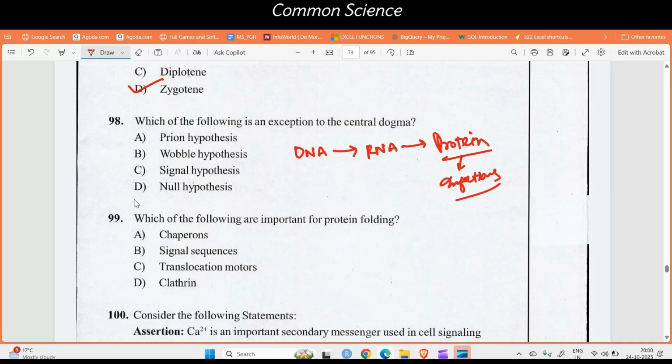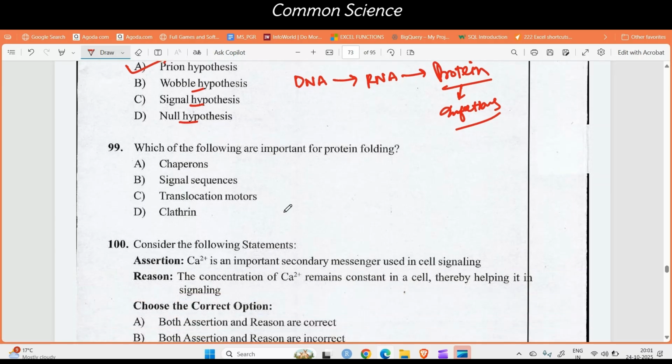It's kind of a confusing question. Signal hypothesis, null hypothesis, wobble hypothesis as such have nothing to do directly with the central dogma. So your safe bet is the prion hypothesis.